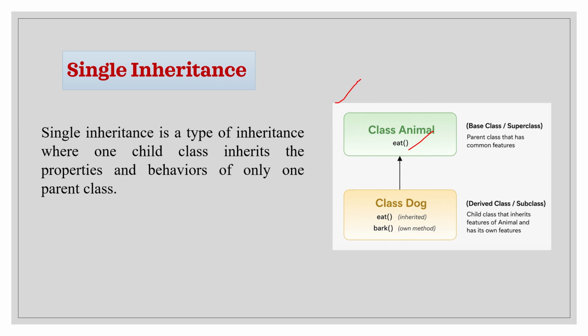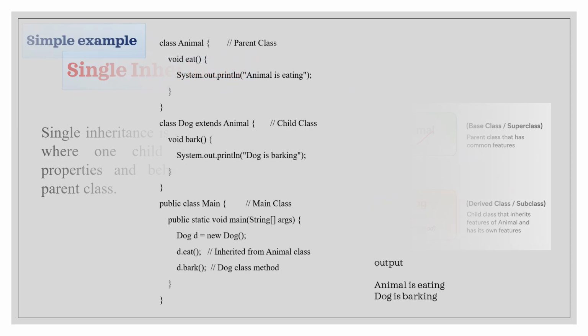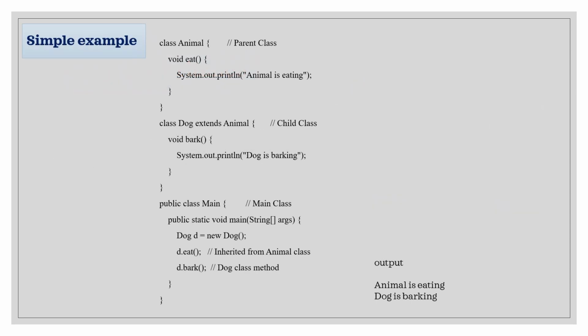So remember, one parent class, one child class, and the child class inherits features from only one parent. This is called single inheritance. So here with this simple example, you can understand single inheritance very easily.